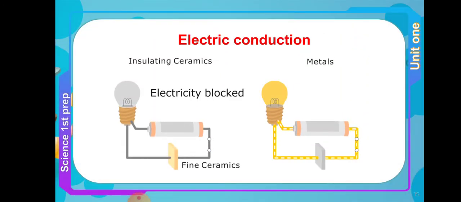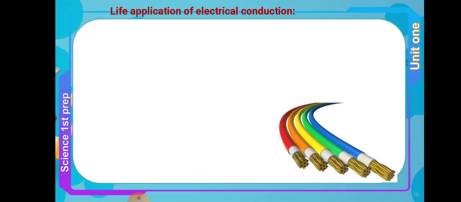For example, if we make an electric circuit using a metal, the lamp will illuminate, but in case of using ceramics, it will not illuminate, because metal is a good conductor of electricity, but ceramics are bad conductors of electricity.